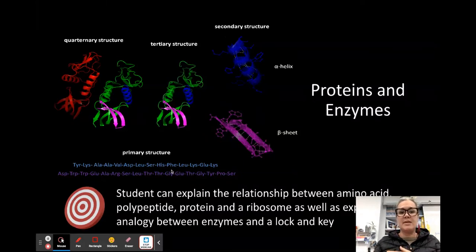But then it begins to fold up. It creates beta sheets, an alpha helix, and then there's tertiary structure and quaternary structure as more than one complex may join together to create enzymes that have specific molecular jobs in the body or structural proteins.